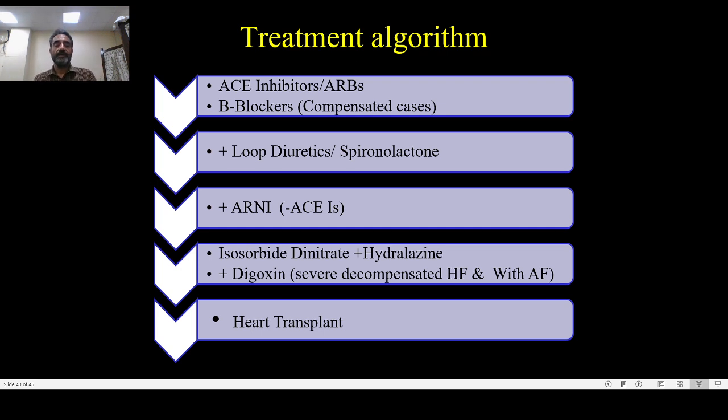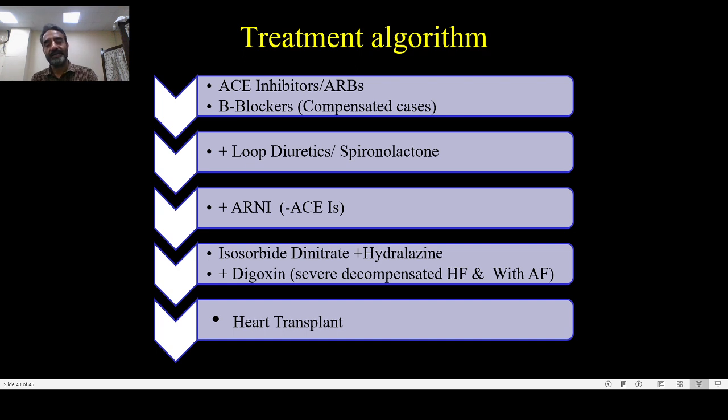Then if still not improved, you can use loop diuretics and spironolactone. You increase the dosage to the maximum tolerated, and if still not improved, you can use the next class of drugs. Then if still not improved, ARNIs.